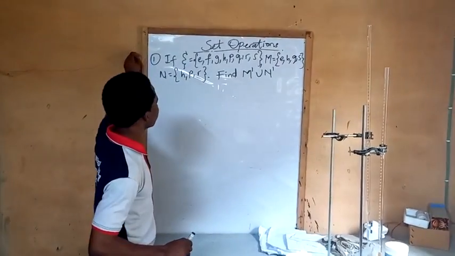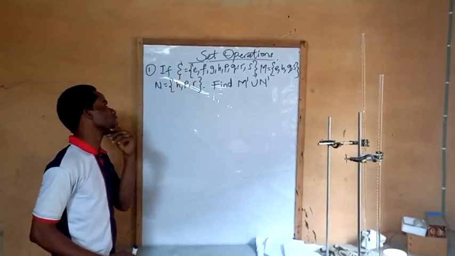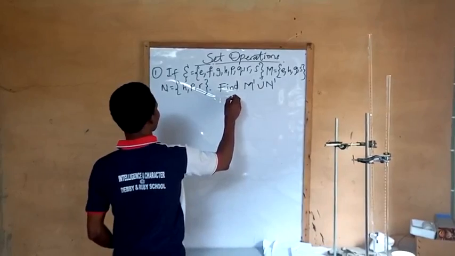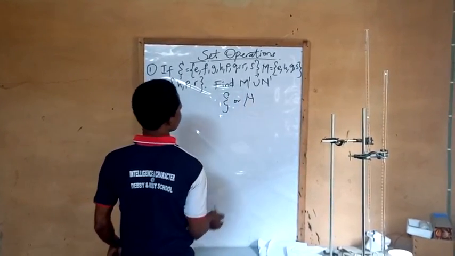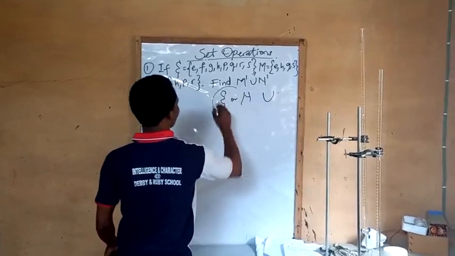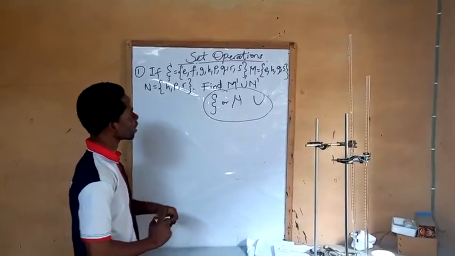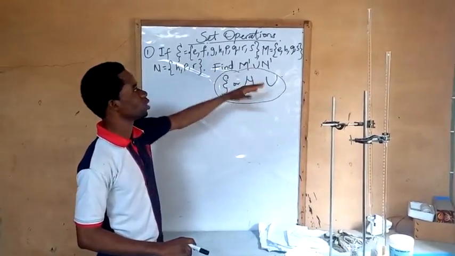Now let's look at question 1 on the board. When you see a symbol like this, it represents universal. Either they use this symbol, or they can use this, or they can use U. All of these represent universal. And I told you universal is the mother of all sets, because inside universal you see many other sets.